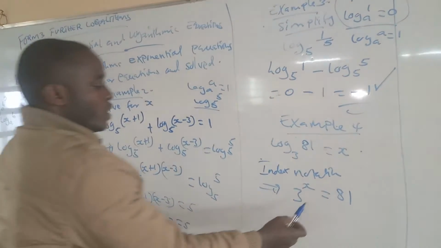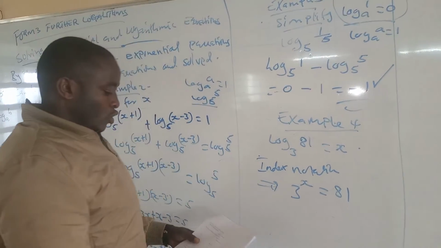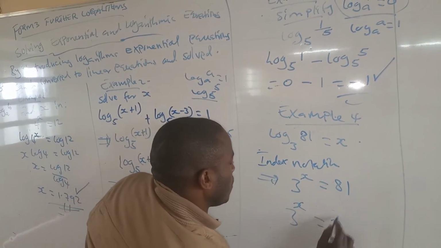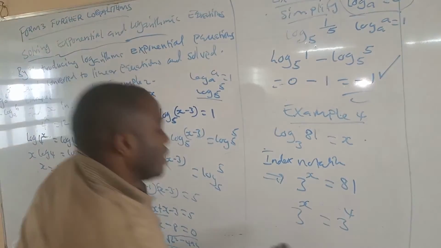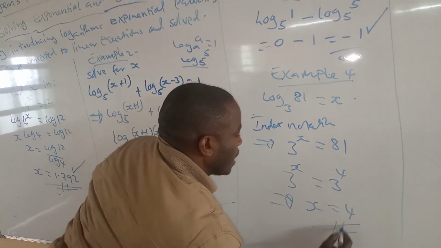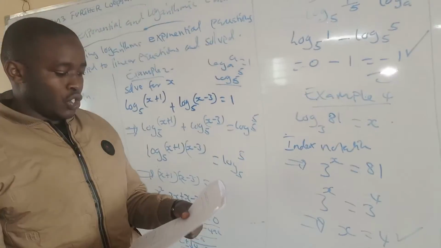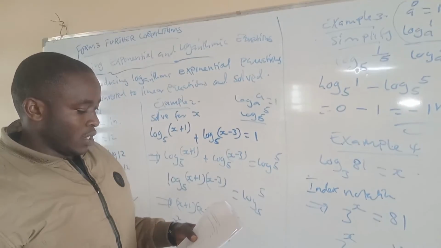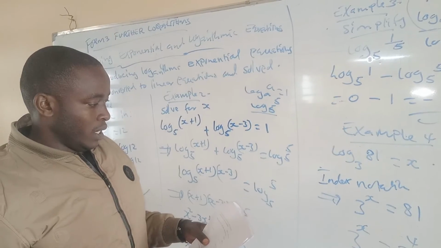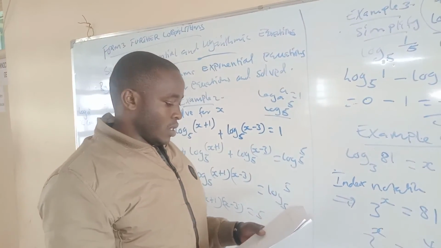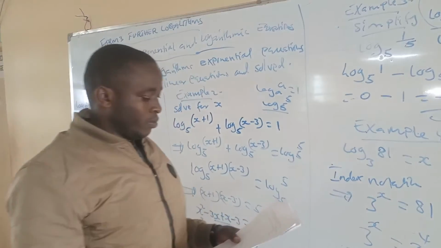After getting that, we express 81 in base 3. So it will be 3 to the power x equals 3 to the power 4, which implies that x equals 4. That one is direct, it had not much stress. So x is 4.